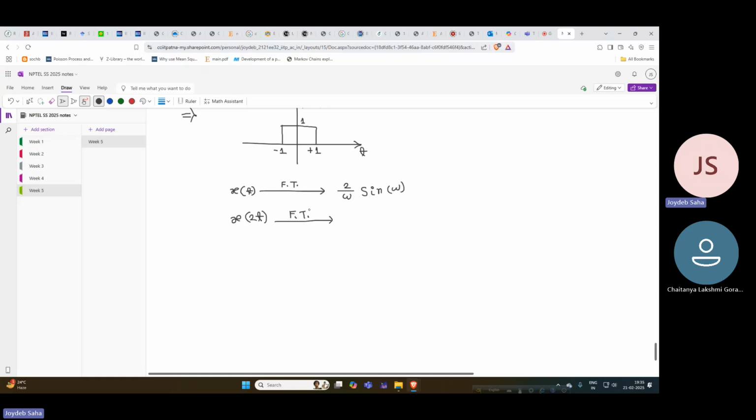It will be 1 upon 2 times X of omega by 2, that means 4 by omega sine omega by 2.